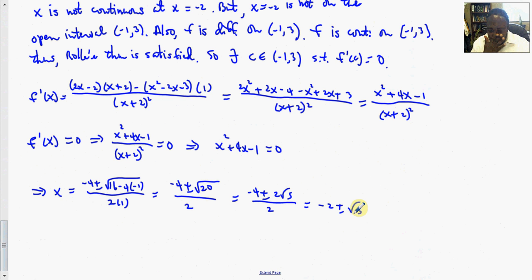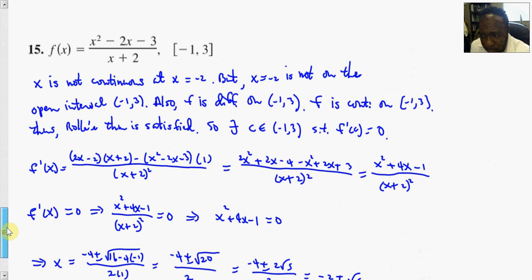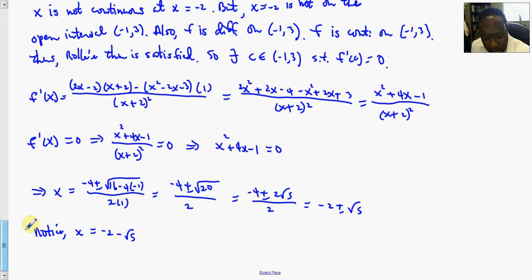Now you check on your calculator to see exactly what those numbers are, but you'll notice X equal to negative 2 minus the square root of 5 is not on the open interval from negative 1 to 3. This guy is not an element. It's not on the interval from negative 1 to 3.